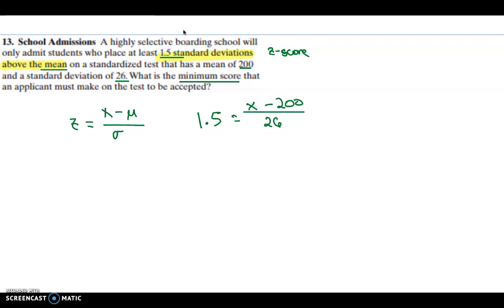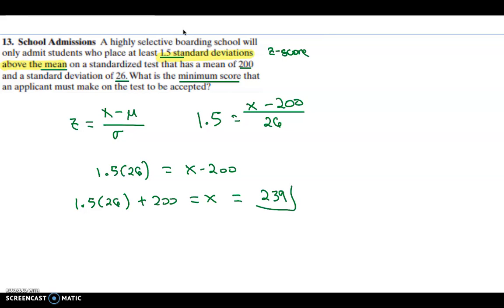To solve this, I would multiply both sides by 26, so 1.5 times 26 equals x minus 200. And then I'll add 200 to both sides, so 1.5 times 26 plus 200 equals x. If I multiply and then add, that's 239.